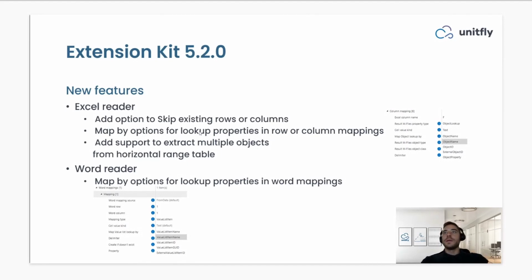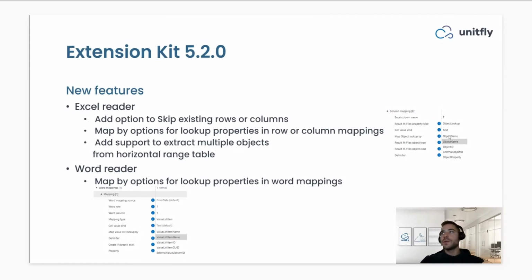And in the column or row mappings, we added new options for lookup properties, which means that lookup objects can be mapped based on your configuration. So object lookup can be mapped by object name or ID, external object ID, or by some specific object property.